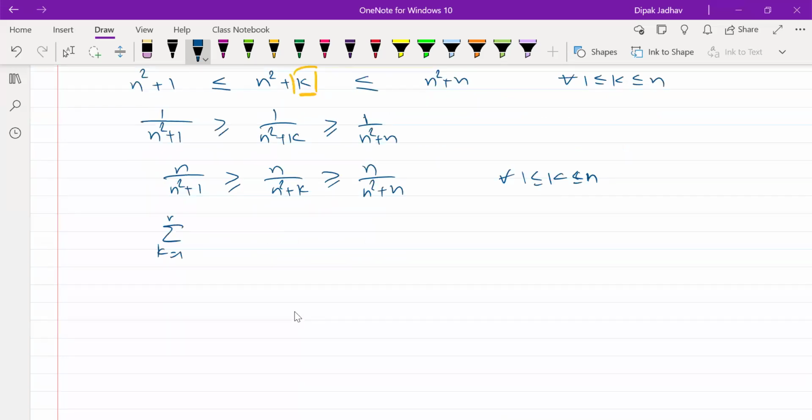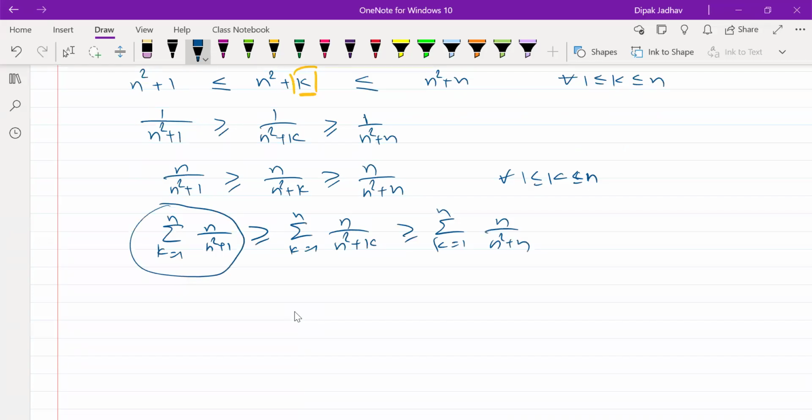Summation k from 1 to n, n by n square plus 1 is greater than or equal to summation k from 1 to n, n by n square plus k, which is greater than or equal to summation k from 1 to n, n by n square plus n. What will happen to this extreme left? N by n square plus 1 is constant with respect to k, so it will come out. And what will be there inside? Only 1.